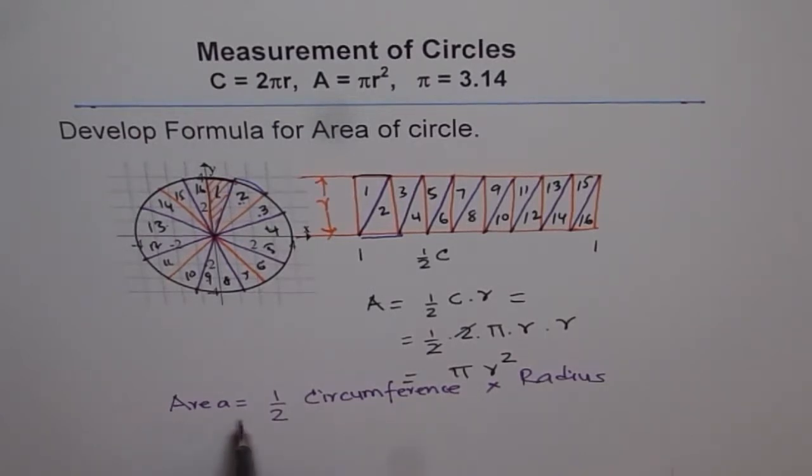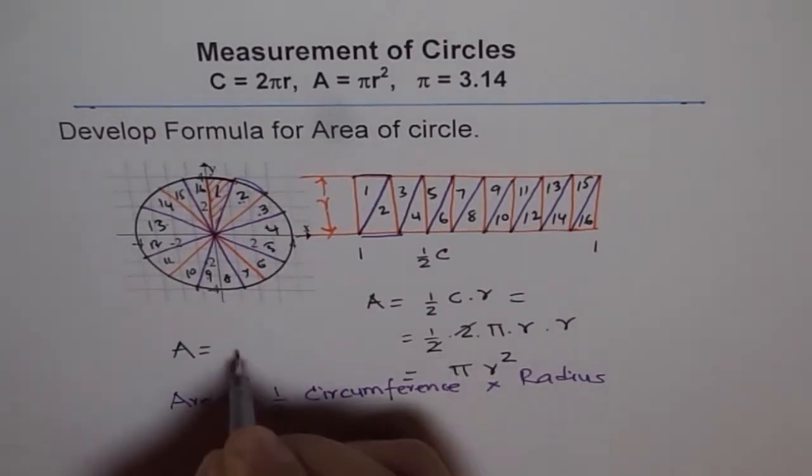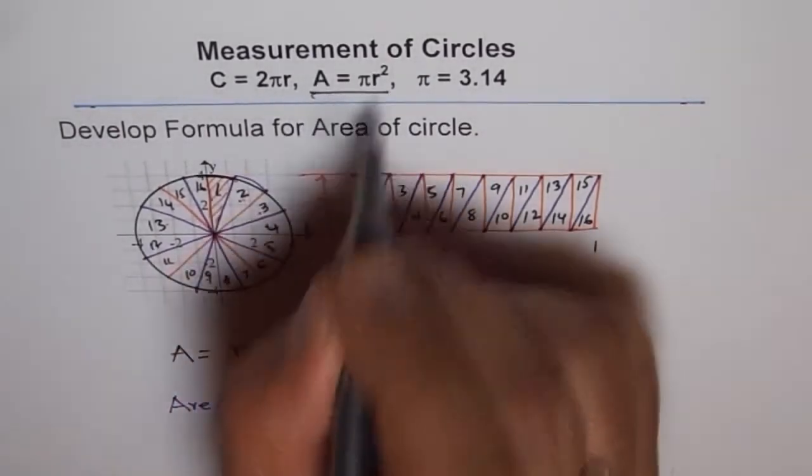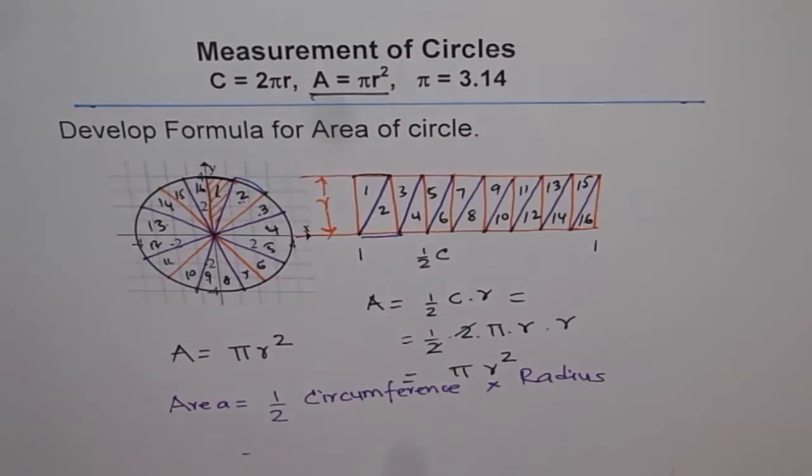And the other formula for area is the very well-known formula which we always use, and that formula is, of course, area equals pi r squared, right? So we have two formulas here for area. One which we normally use, area equals pi r squared. The other one which we can now use, half of circumference times radius.